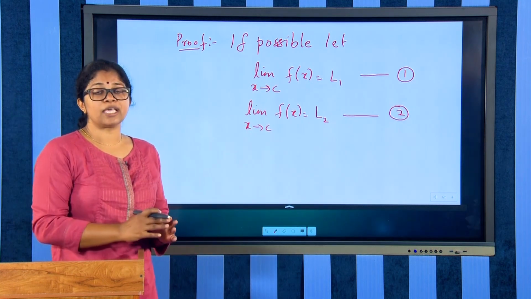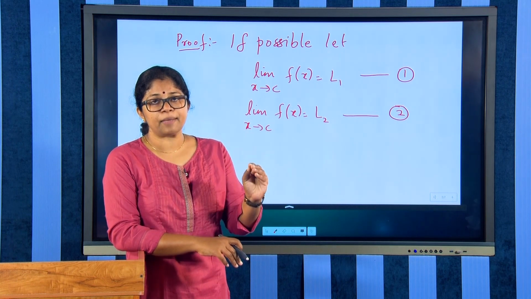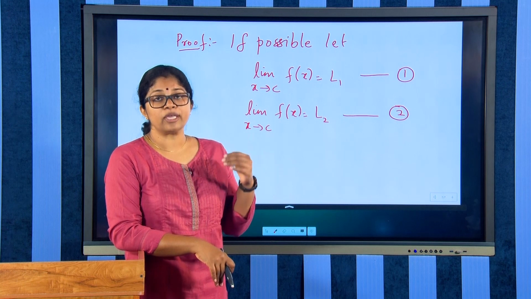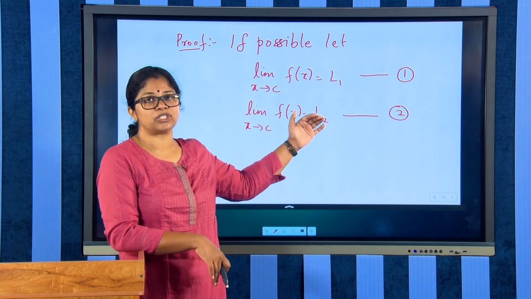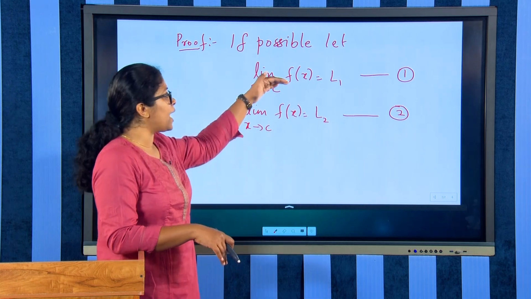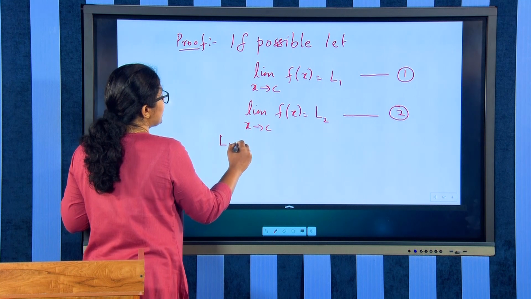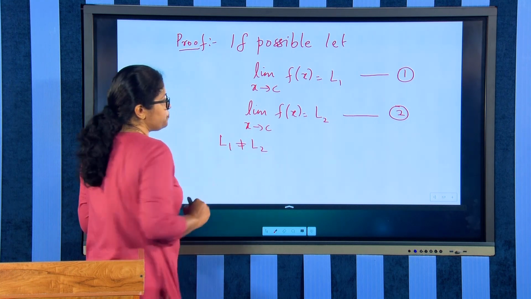So, we have to prove that if for a function f, it has a limit, it has to be unique. So, if possible, we are assuming that the function has two limits as x approaches c, namely L1 and L2. Also we will suppose that L1 is not equal to L2.